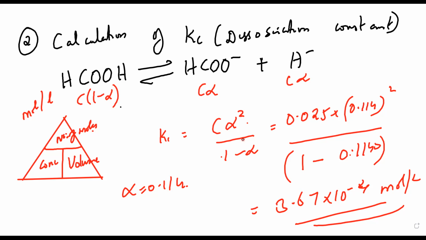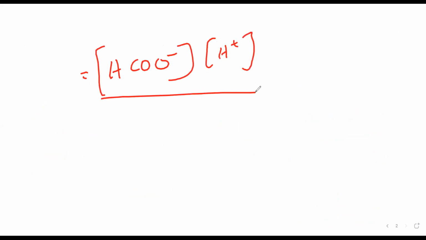Suppose you want to know how we are getting this without memorizing it, how do we get this? It's very easy. What I directly wrote is nothing but C alpha into C alpha. It is products by reactants, which we have already studied. What is the product here? Product is HCOO minus and H plus, and what is the reactant here?